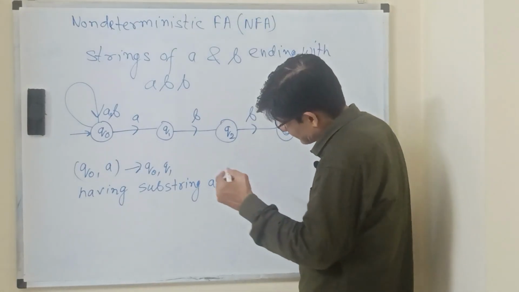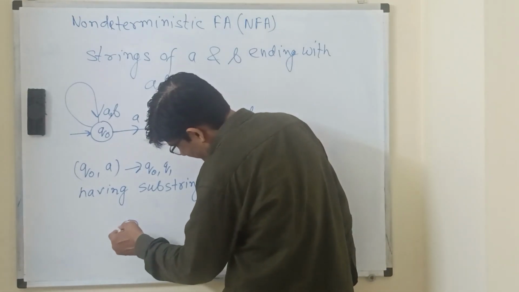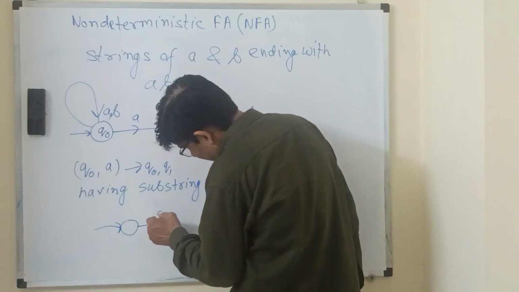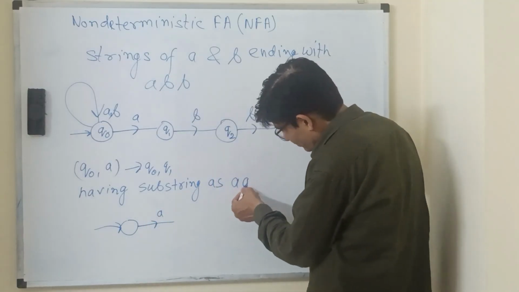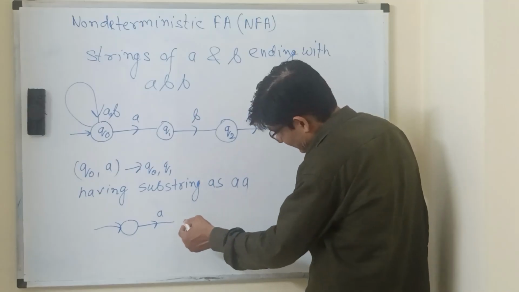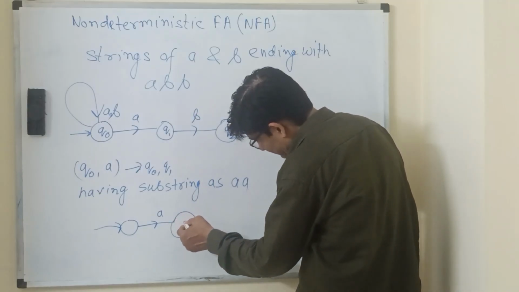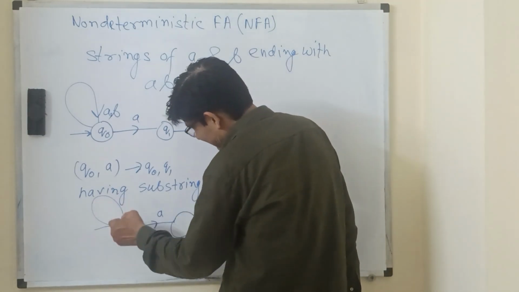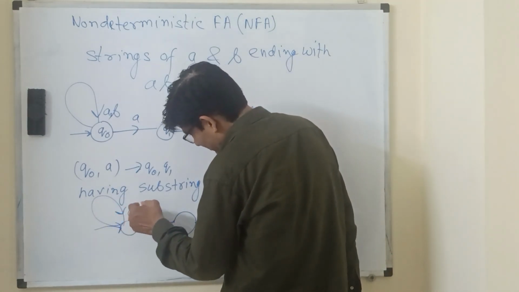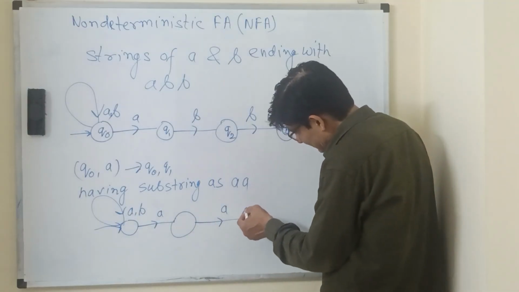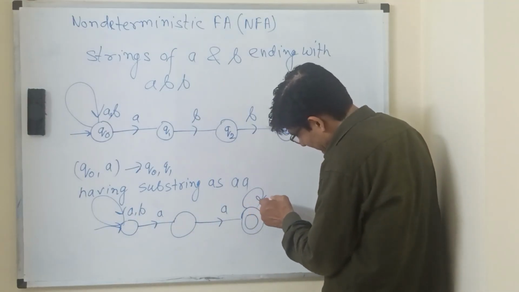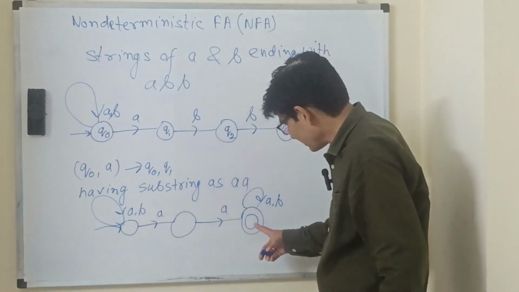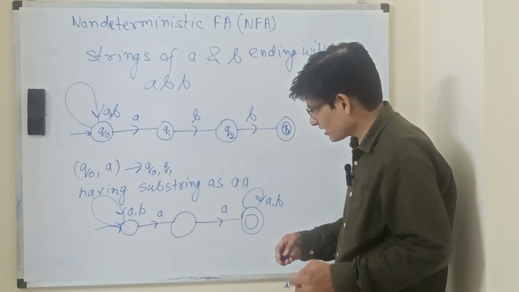Again, we will start with the same logic. We will create one FA for the shortest string, which is AA. Now, before this AA, any combination of A and B may be there. After this AA, any combination of A and B may be there. So this is your NFA.